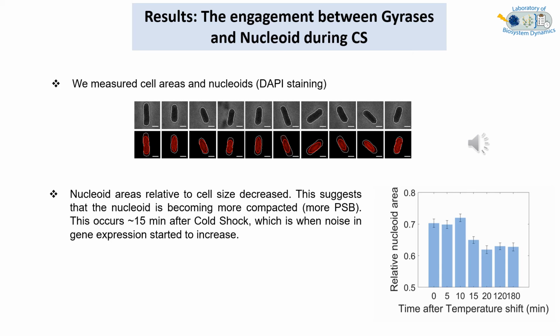And so what we did was we measured nucleoids by DAPI staining, and we evaluated those nucleoid areas relative to the cell size, and we observed that it decreased. One way for that to occur is that the nucleoid is becoming more compacted, which would occur if there's more and more accumulation of positive supercoiling buildup. Interestingly, this occurred very fast, in around 15 minutes, which is consistent with when noise in gene expression started to increase.